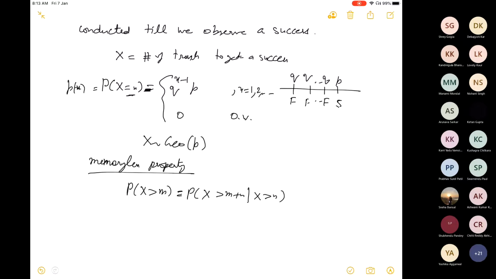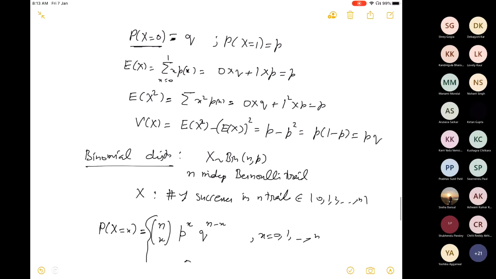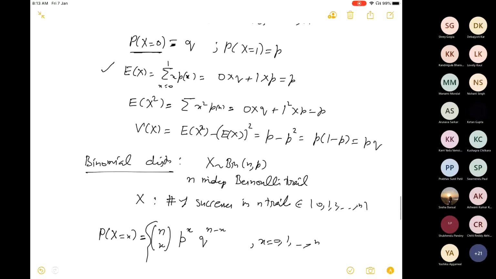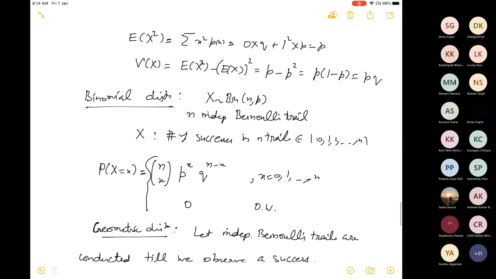So for the geometric distribution, this property holds. Now for the binomial distribution, if we use the direct method, we get expected value of X as np and variance of X as npq. So let us use the moment generating function approach to find the mean and variance of the binomial distribution.